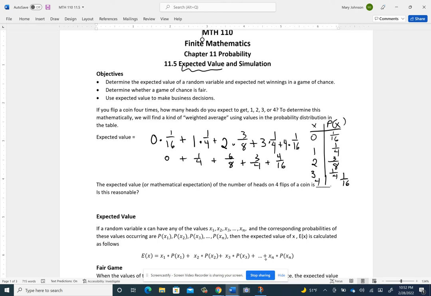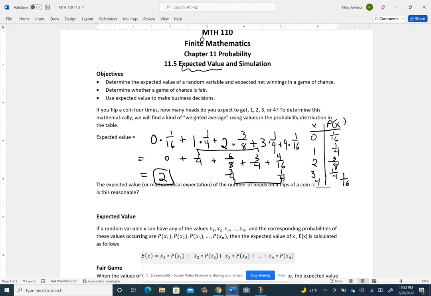And so like the 1/4 and the 3/4 would be 1 whole. And then you have 6/8, which is 3/4, and 4/16, which is 1/4, gives you another whole. So that totals up to be 2, all total. So the expected value would be 2.